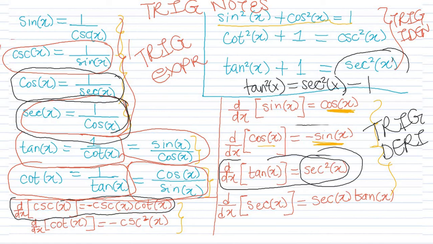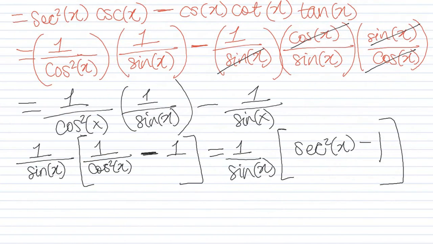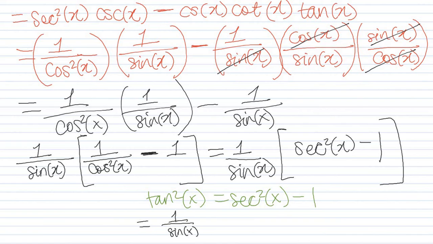If you don't see what I'm doing, please look up top to the right part of the page of the first half. So what I just did in black, tan squared x is the same thing as secant squared x minus 1. Let me rewrite that here in green. So we end up with this equal to 1 over sine x multiplied by tan squared of x. So that's what we have here.